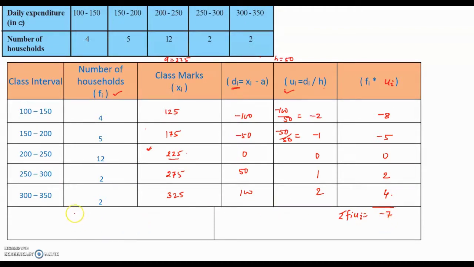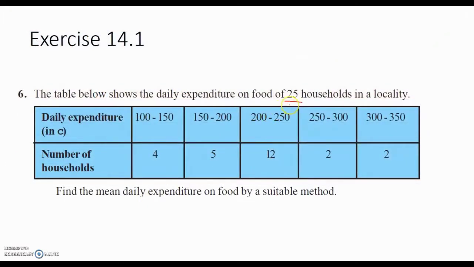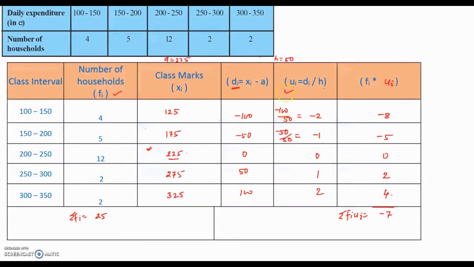Okay, what is sigma fi? Sigma fi is already given, 25 households. It is already given in the question as 25 households. So let us put it in a formula. Mean is equal to A plus sigma fi ui by sigma fi, this multiplied by h.